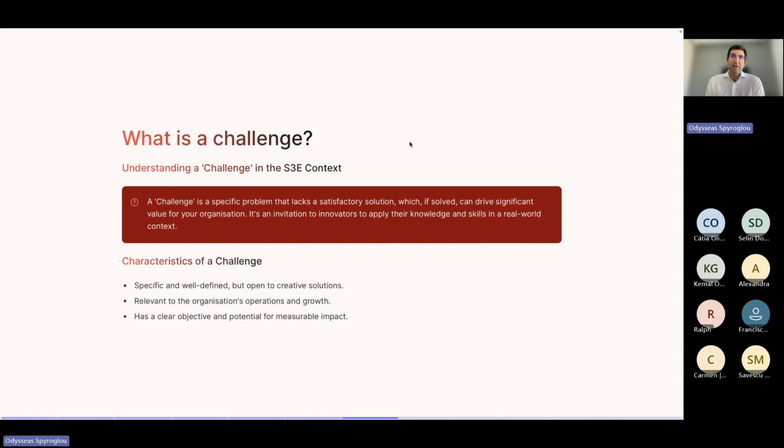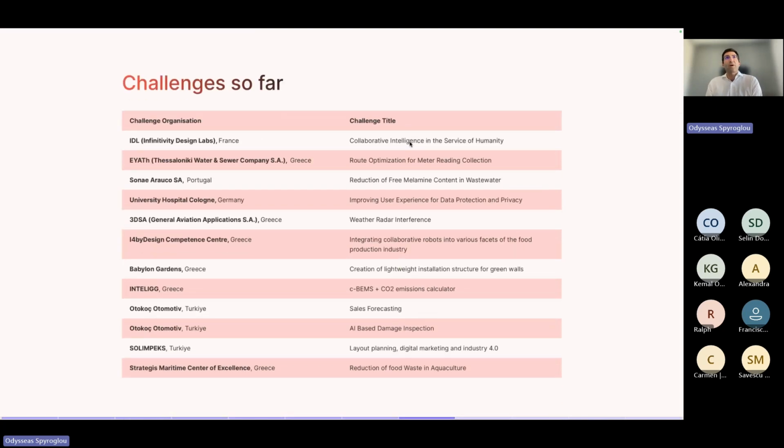And it is an invitation, as I said earlier, to startups, to innovators, to apply their knowledge and solve a specific problem. So rather than looking for problems in the ecosystem or thinking that you may have a solution for a problem that maybe doesn't exist, here we can present you with a bunch of specific, well-defined challenges that organizations have brought to us.